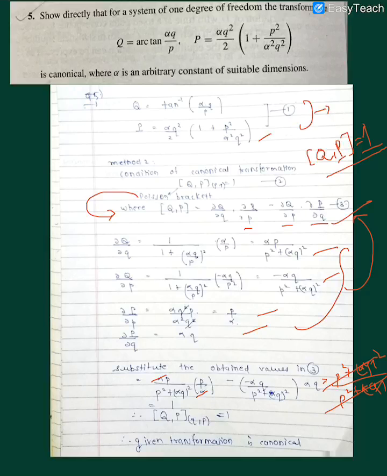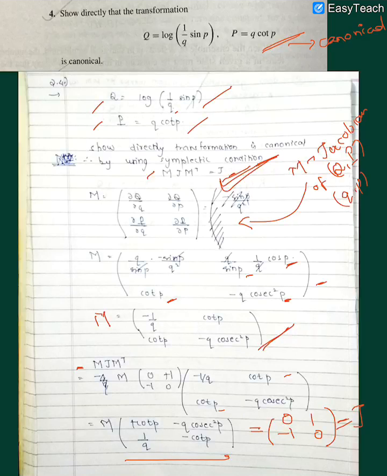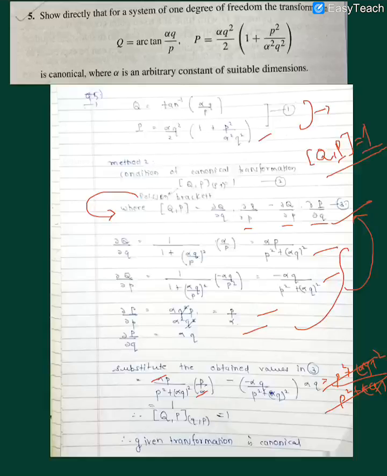So these two approaches, the symplectic condition shown in question 4 and the Poisson bracket used in question 5, are quite different approaches, but they lead us to the same results.